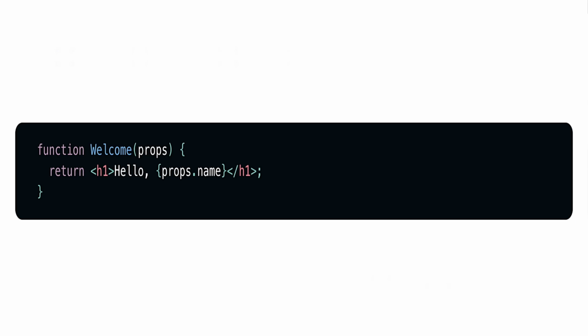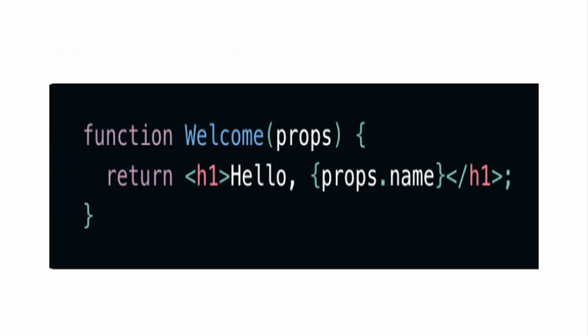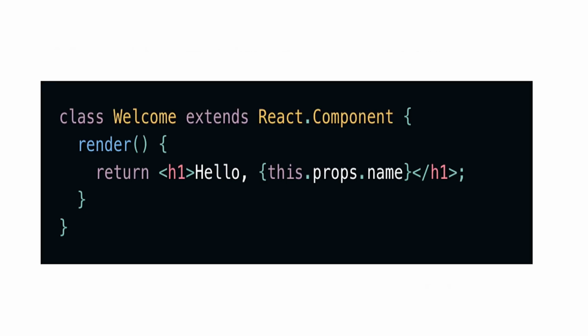In simplicity, the syntax will look like this. This function is a valid React functional component, simply because it accepts a single prop object argument with data and returns a React element. So, if we are to do the same thing using the class component, the syntax will look like this.